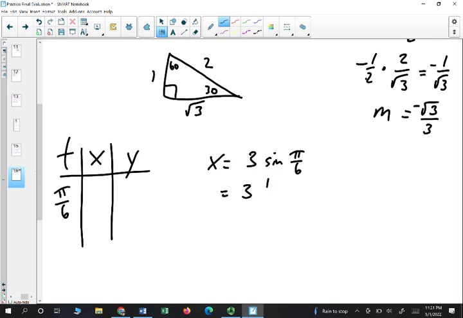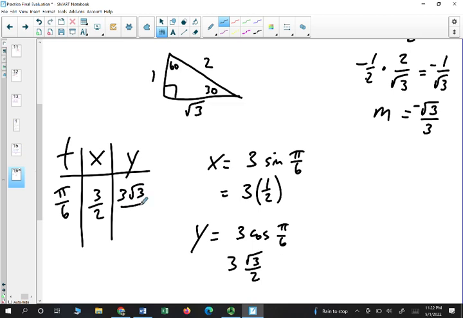So that's 3 times 1/2, so 3/2. The y would be 3 times cosine of pi over 6. That's 3 times square root 3 over 2. So that becomes 3 square root 3 over 2.